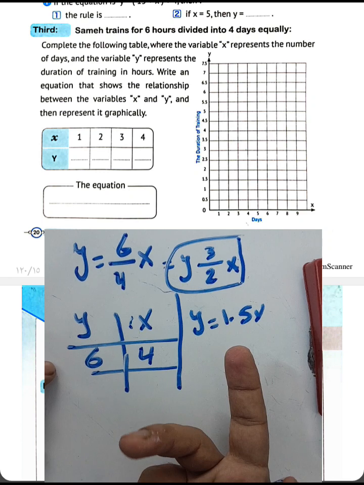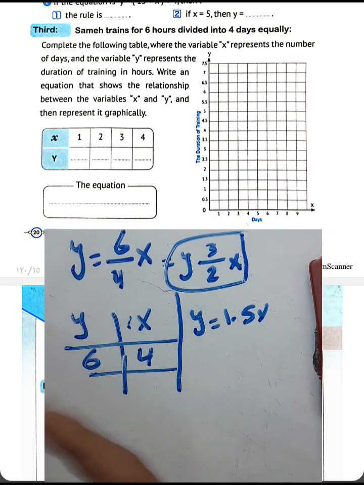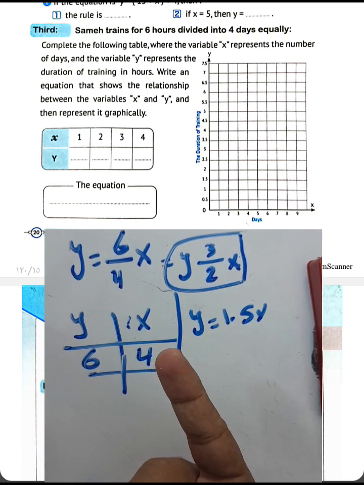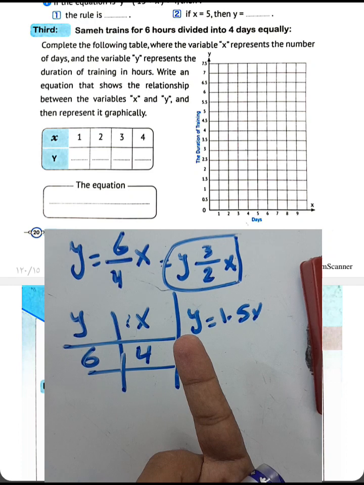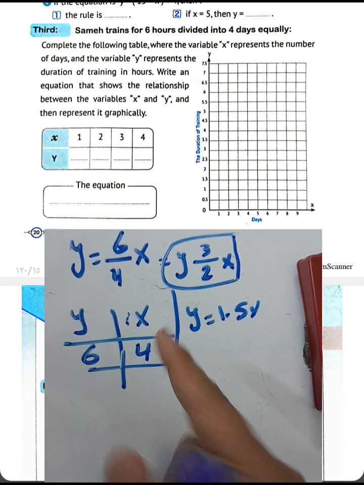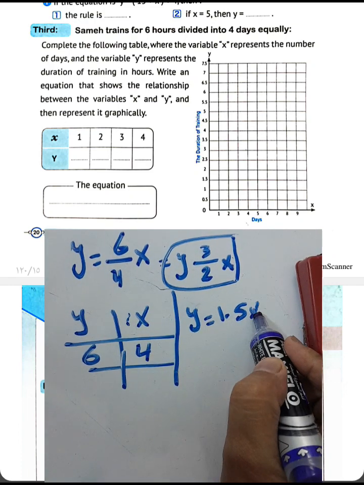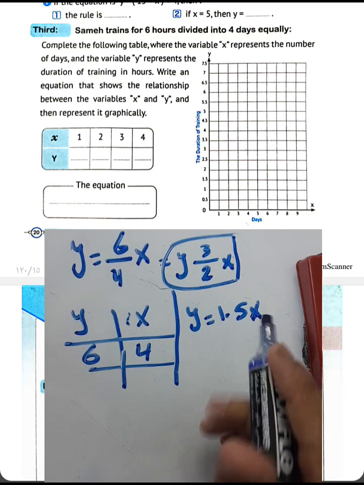Again, Sameh trains 6 hours divided into 4 days. I want to find how many hours he will train in one day. Sameh trains 1.5 hours every day.